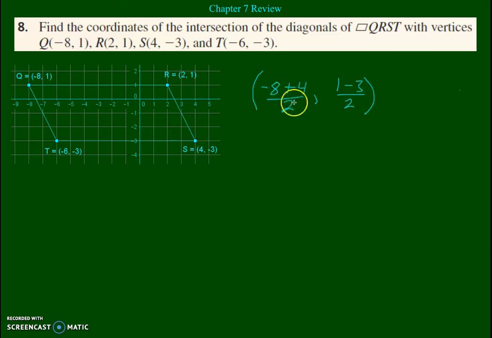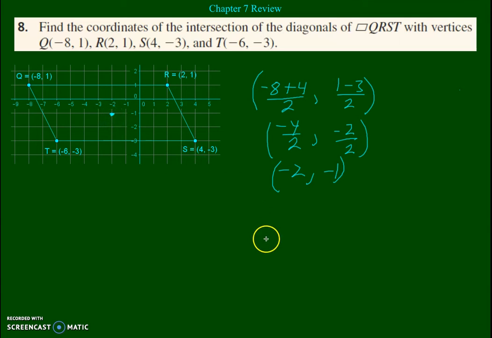So -8 plus 4 is -4 over 2, and 1 minus 3 is -2 over 2, which gives us -4 over 2 is -2, and -1. So our point of intersection should be -2, -1, right there.